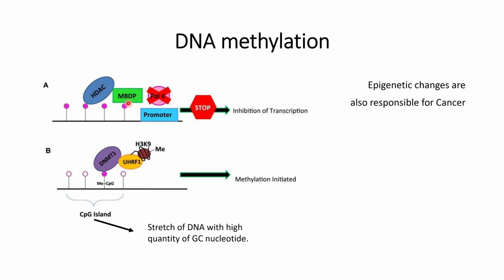This HDAC and MBDP will interact together, as shown by this interaction, to finally bind to a particular gene, thereby preventing RNA polymerase from converting this gene into mRNA.